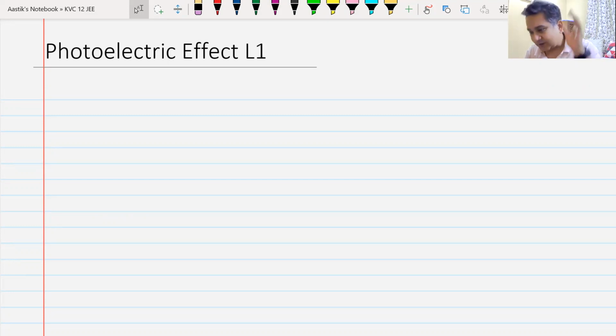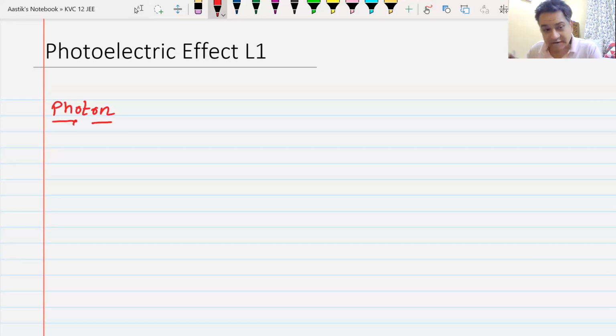The smallest packet of light is known as a photon. So light propagates in packets.